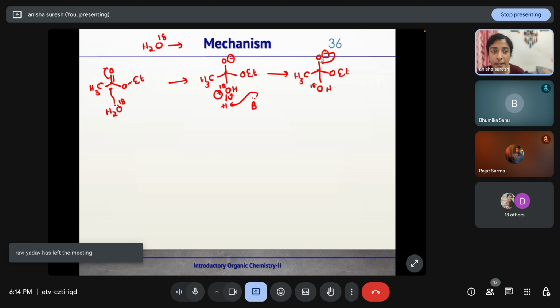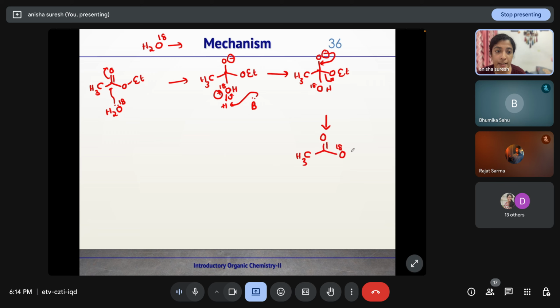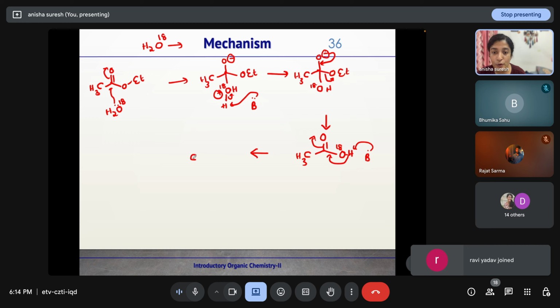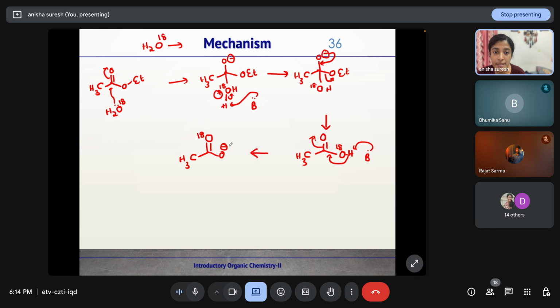Now once this is falling back, OEt can eliminate, leading to formation of CH3, C double bond O18H. Since it is a basic medium, this proton can be abstracted by the base, and it can exist in this format also, CH3, C double bond O18, O minus. It can abstract a proton from water.